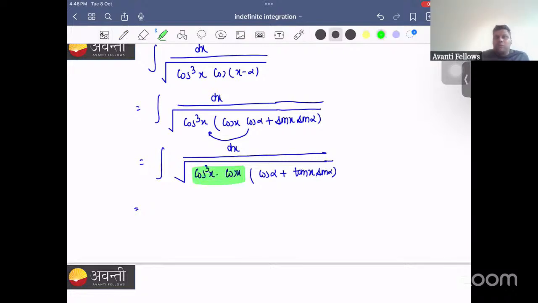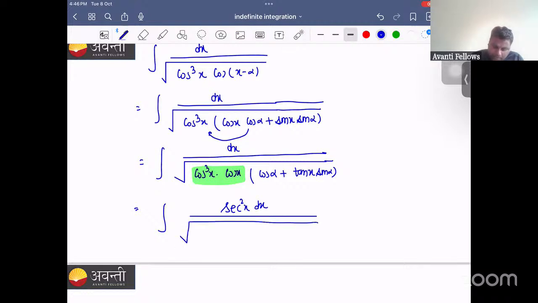You take it out of the root, it will be cos square x. And if it jumps to the numerator, it will be secant square x dx upon inside the root cos alpha plus tan x sin alpha.